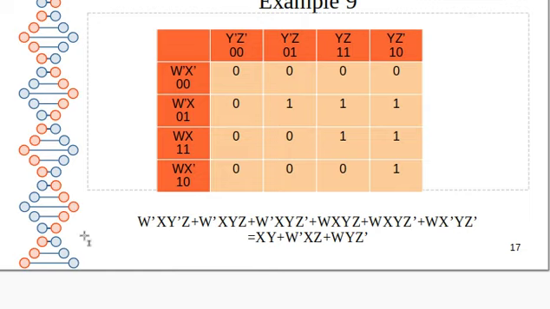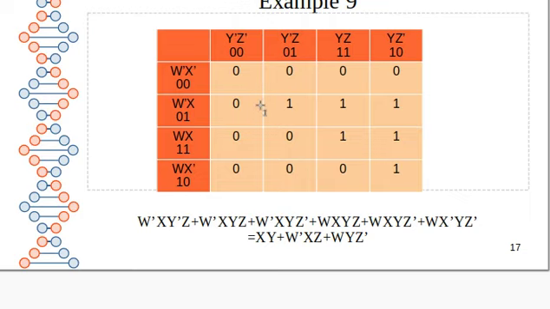Now example 9, overlapping groups. Here we can see that these 4 make a quad, these 2 make a pair, and these 2 make a pair. From this quad we can see that y and z have been changed, and w and x have not been changed, so we will put x and y here for this quad.